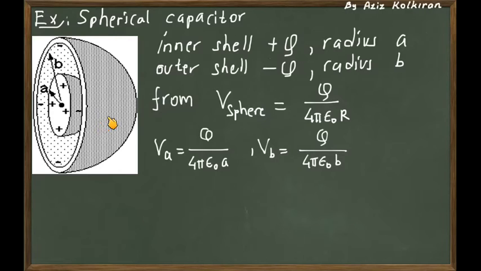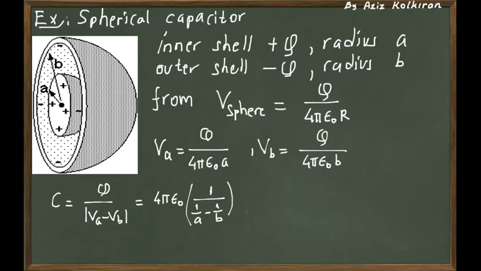So this is it. And you don't need to take the line integral, because we already know how the potential changes when you go away from a spherical conductor. So the next step is easy. We just divide the charge of one of these shells by the potential difference between these conductors, which is the difference of these two terms.